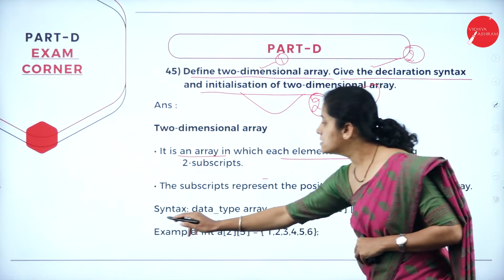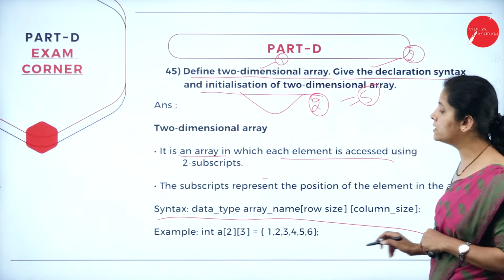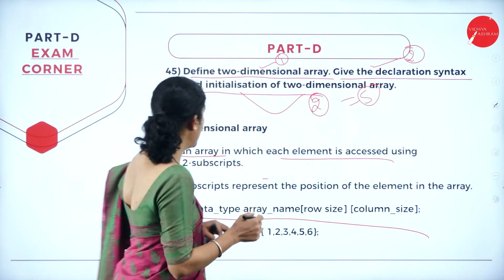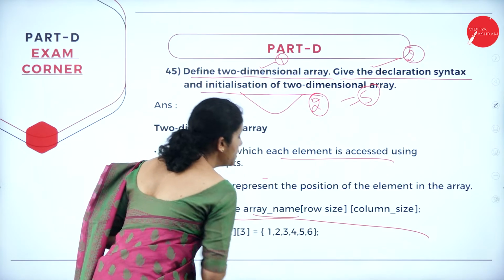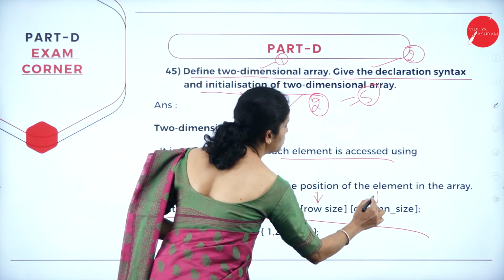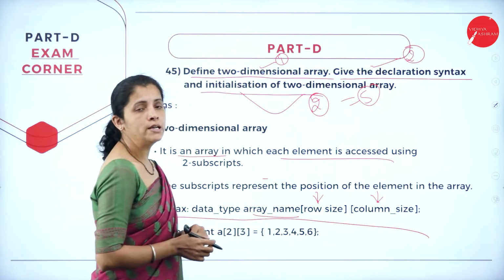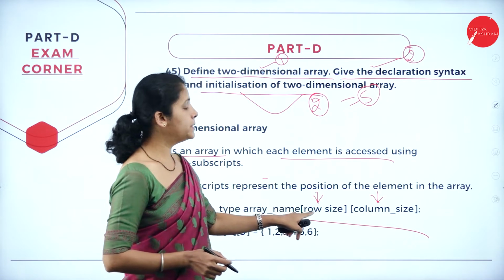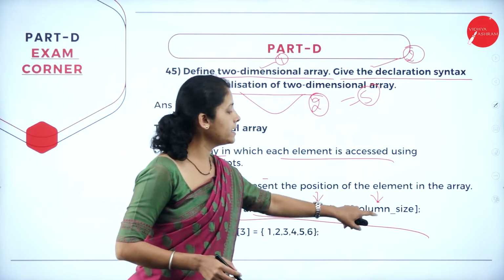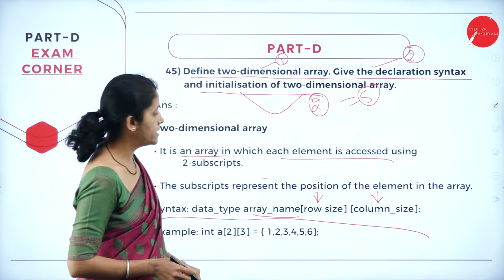Now, this is the syntax here. So, at the beginning, I'm going to have the data type, then I'm going to have the variable name, and I want to specify row size and column size. So, dear student, please make a note here. At the beginning, always I want to use row size. After that, I'm going to write the column size.